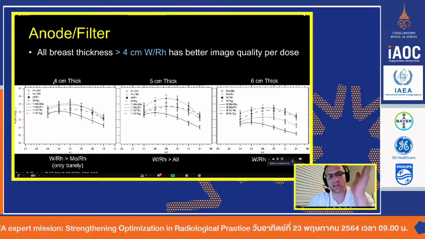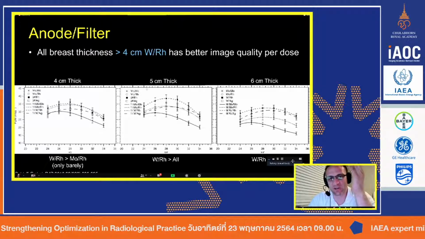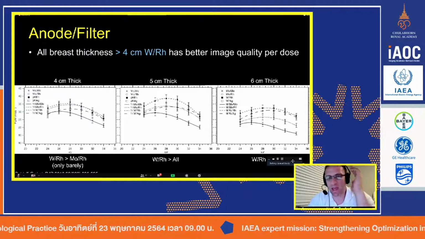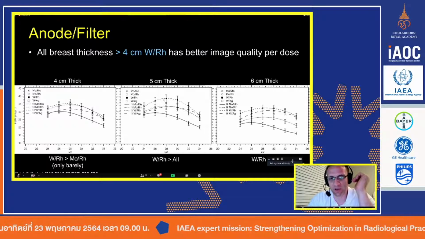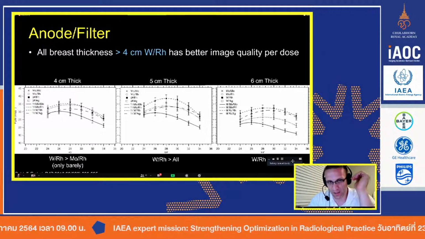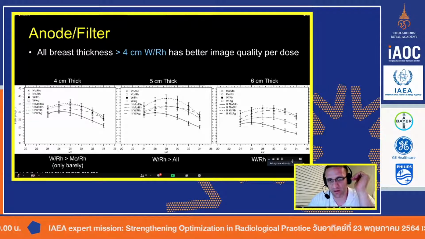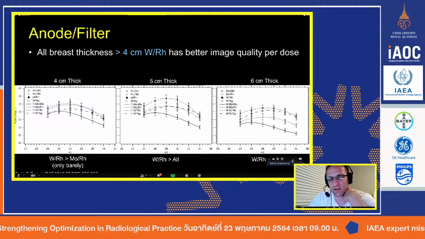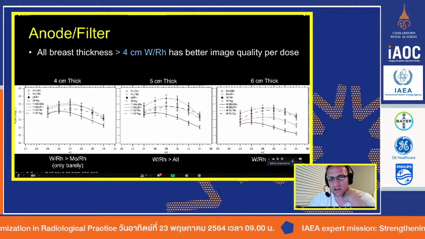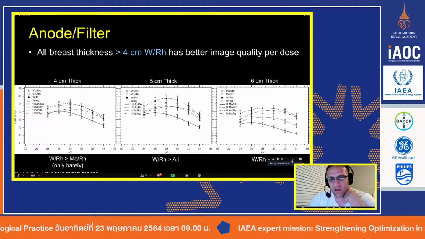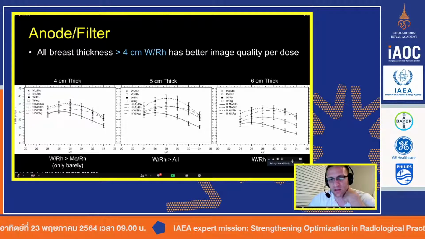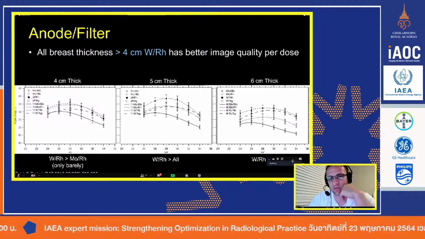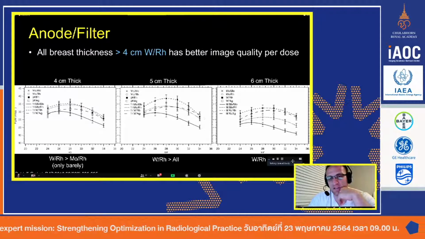But the minute you go from 4 centimeters on up, the tungsten rhodium shown here hands down produces better image quality per dose than the next competitor, which is moly rhodium down here. And the interesting thing is, as the kV gets higher, which probably means thicker breasts, tungsten silver passes the moly rhodium, and it even passes the tungsten rhodium out here at really high kVs, thick patient breasts.